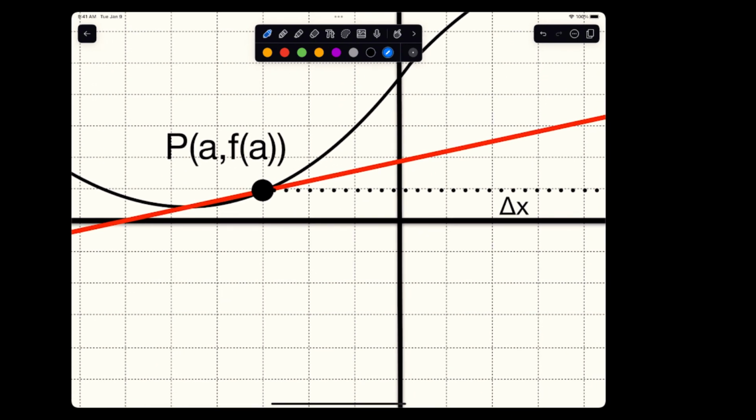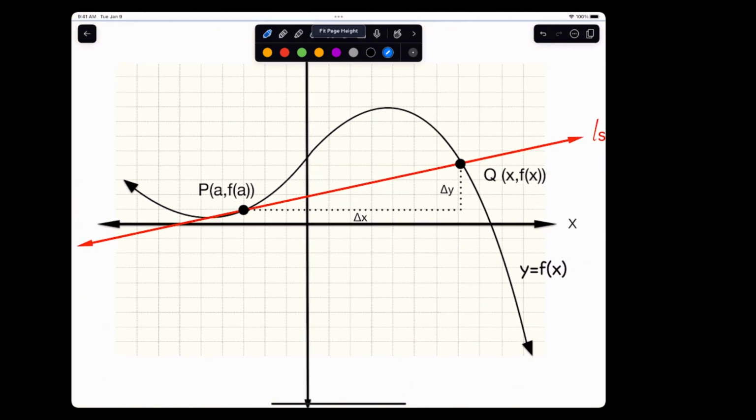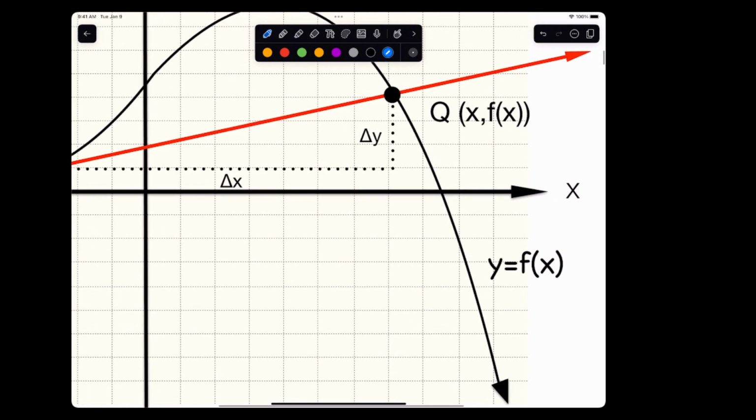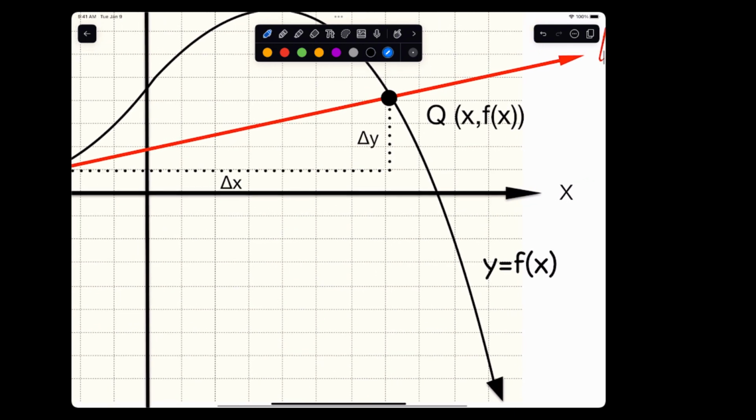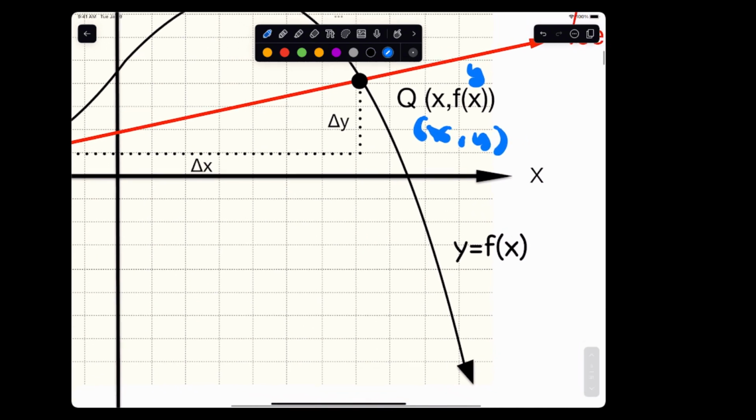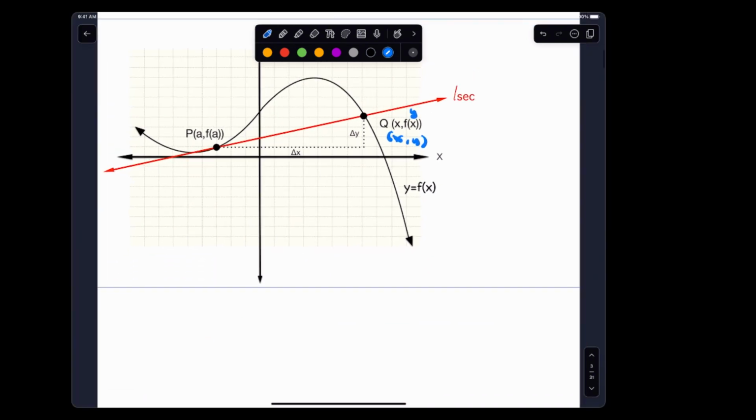It's starting to ring a bell. That's the same A and F of A you guys may have already seen in your life. And then this is an arbitrary X and Y, really. So what do I mean by arbitrary? Well, any X, any Y. This is really the Y value, right? It's the same line, same definitions, by the way.